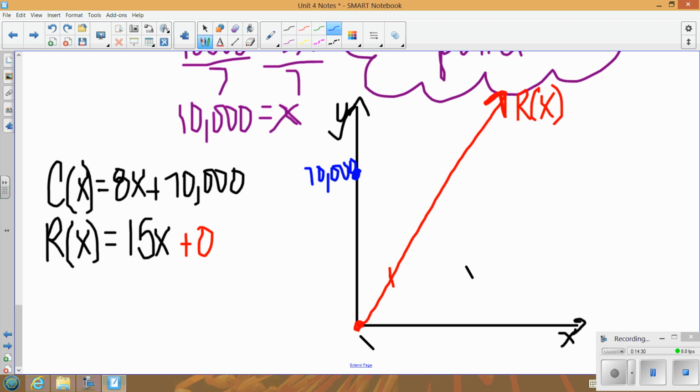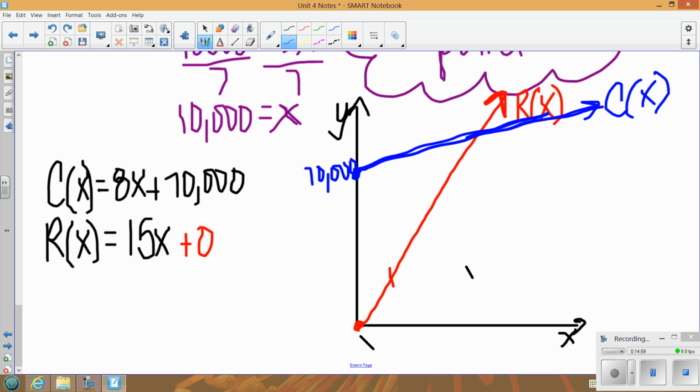So my slope will be slightly flatter. When I look at this, my C of x should be a little bit steeper. I kind of made it more level just because I wanted you to see the intersection.